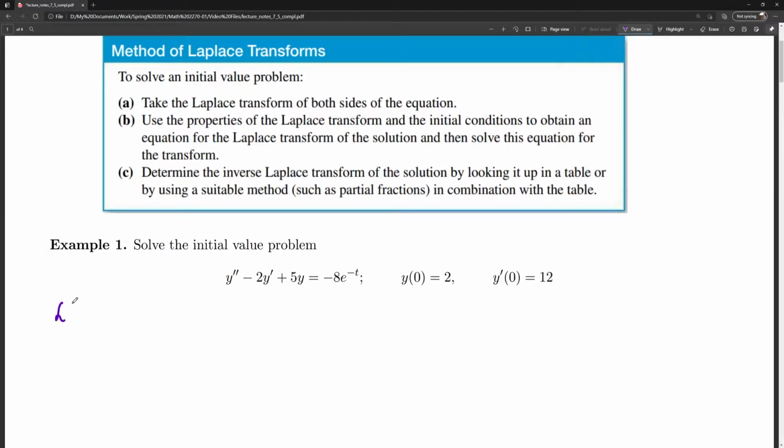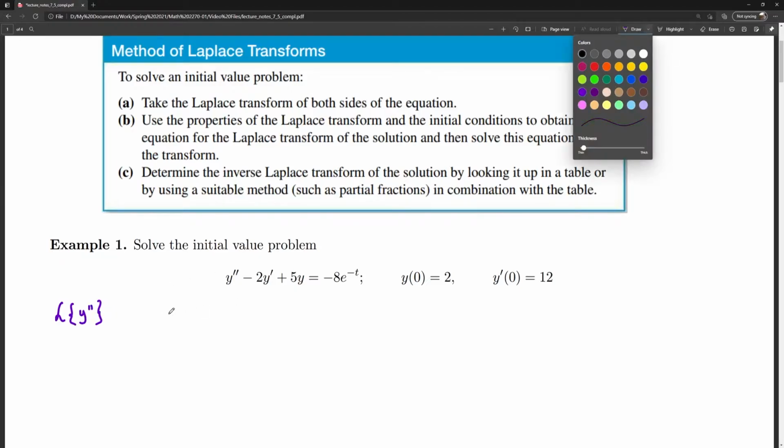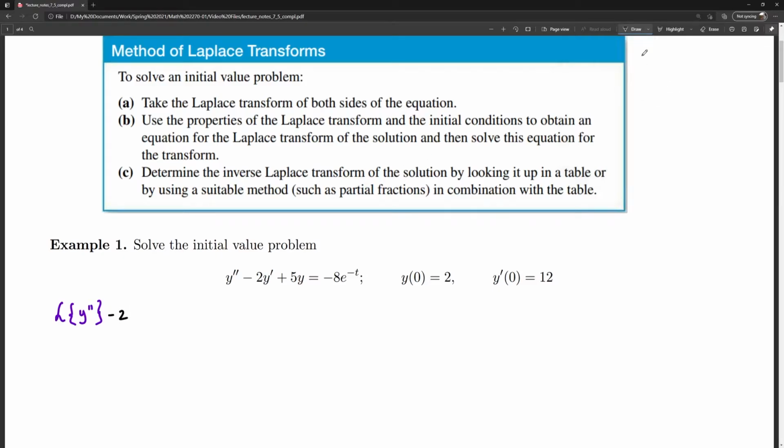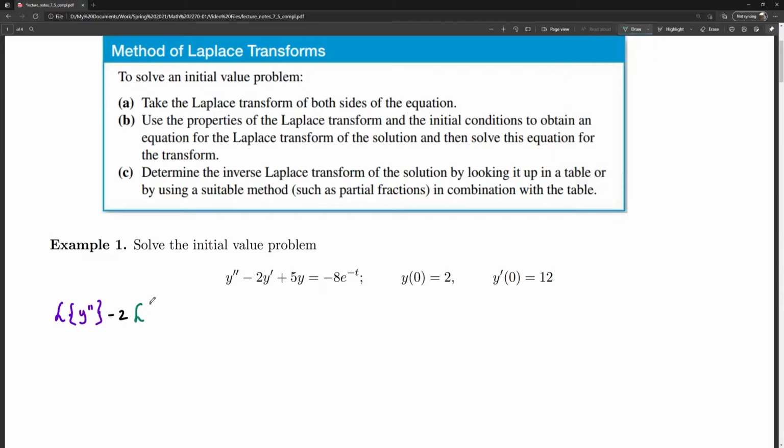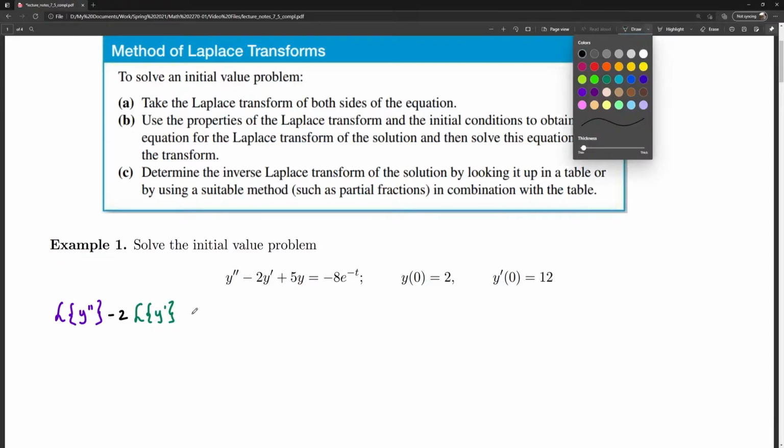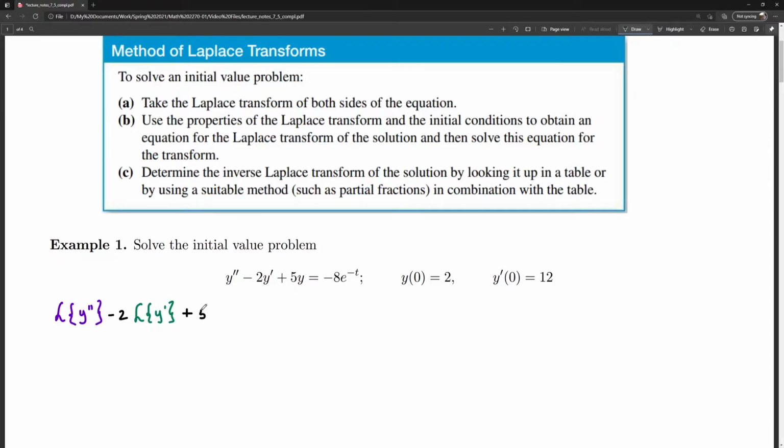So we have to take the Laplace transform of y double prime, and then we're subtracting 2 times the Laplace transform of y prime, and then we're adding 5 times the Laplace transform of just y, which we denote by capital Y of s.